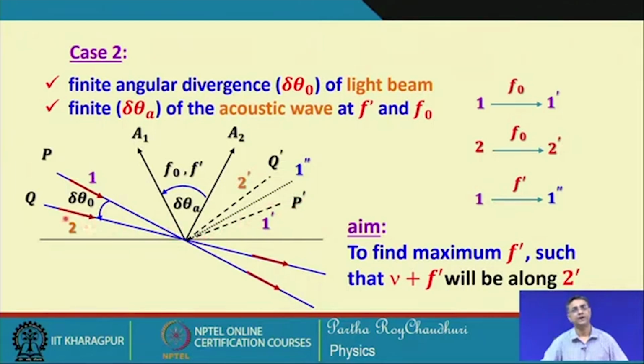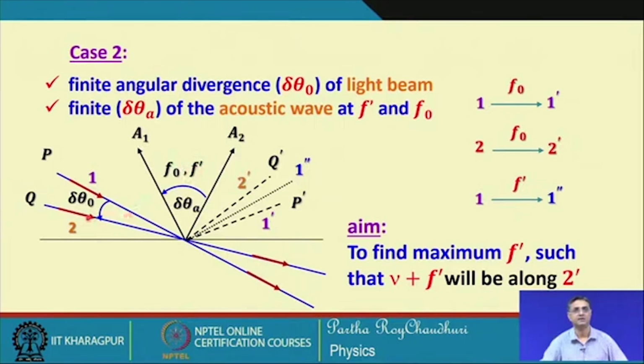There will be another optical beam along this direction, optical beam 2, which will give you 2 dash, and these two are due to f 0. You see, for the acoustic frequency f 0, 1 undergoes a diffraction 1 dash, and 2 undergoes a diffraction 2 dash, but f dash is also present.